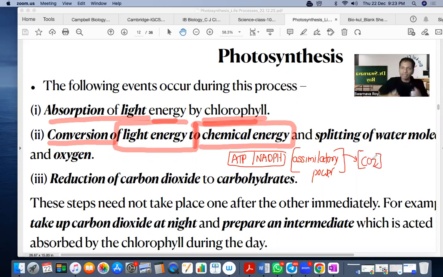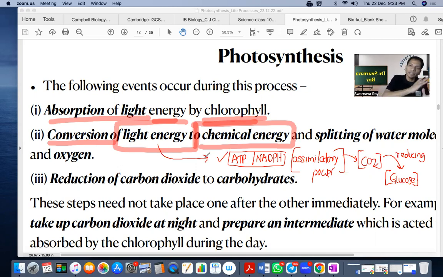They help in capturing the carbon dioxide and reducing it, which is the exact biochemical word, to form glucose. So these two are the chemical energy, and they come from the light energy.